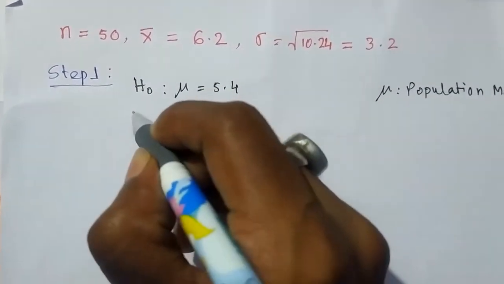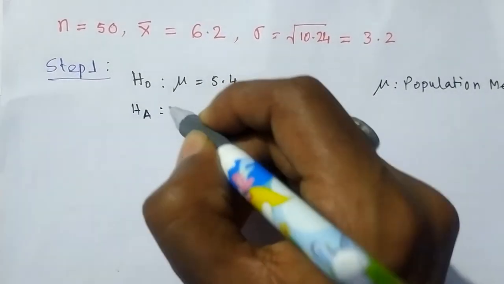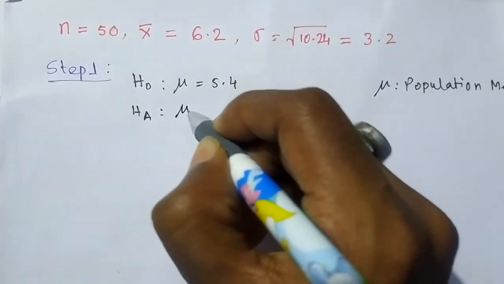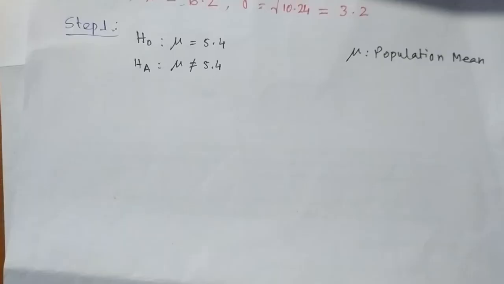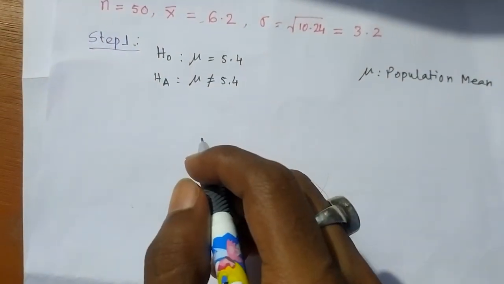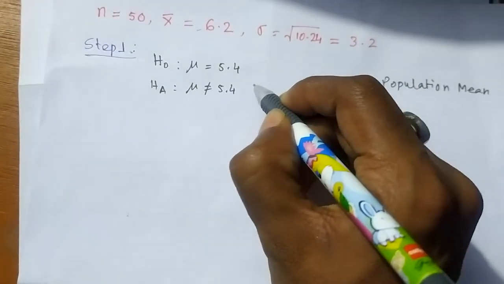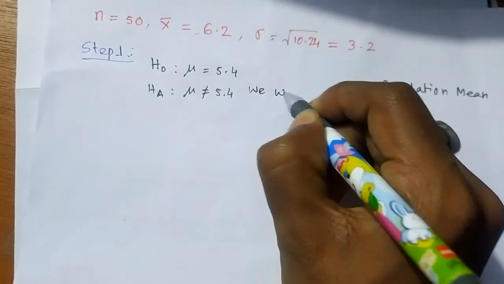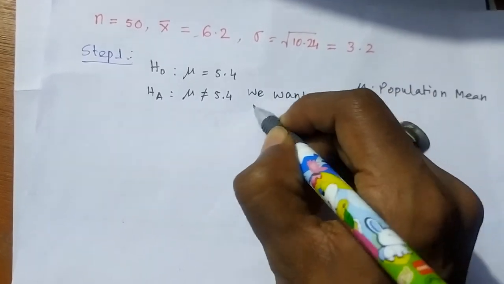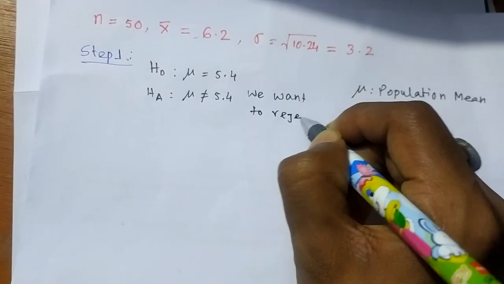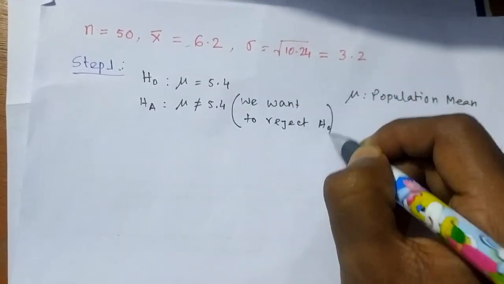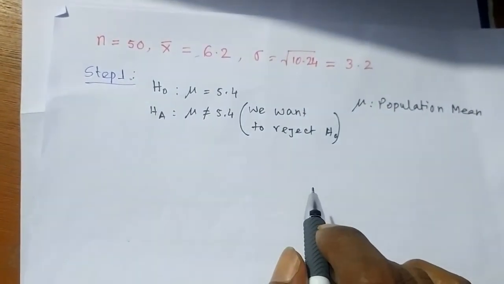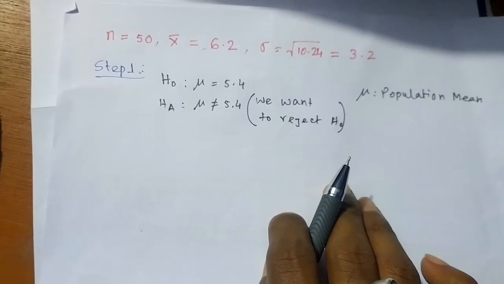And obviously the alternate hypothesis will be exactly the opposite, that is, mu is not equal to 5.4. Now our target is that we want to reject H0, that is, we want to accept the alternate hypothesis.